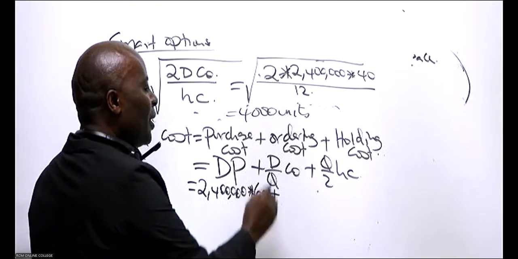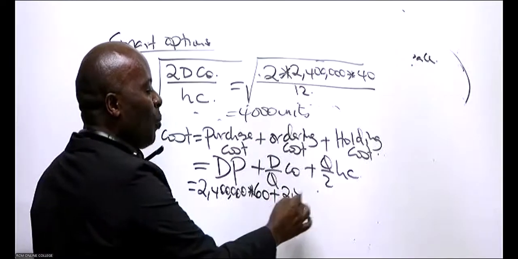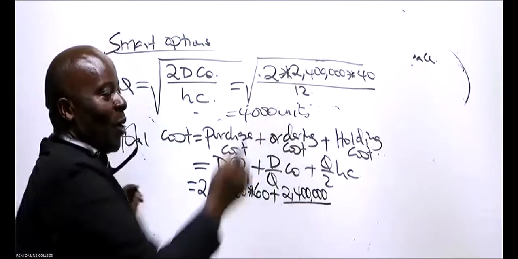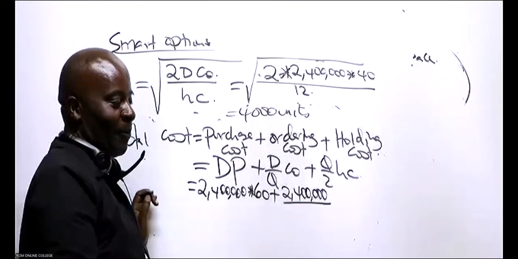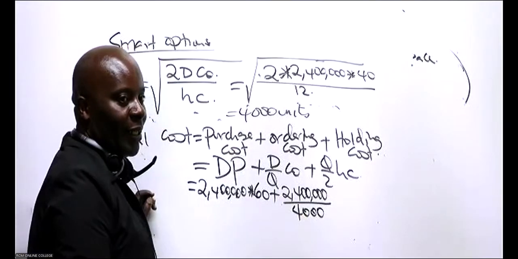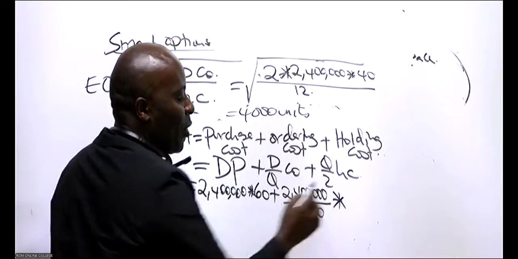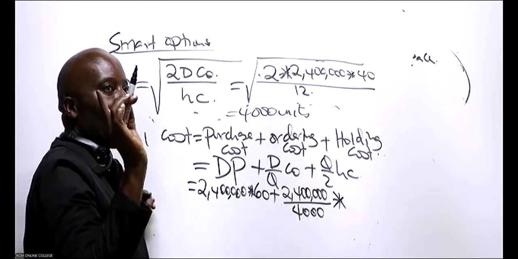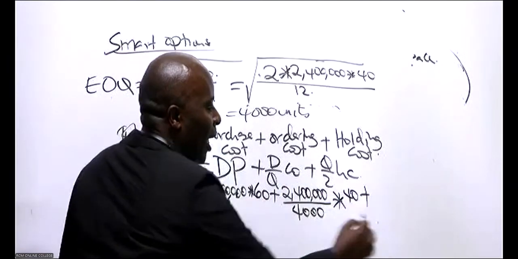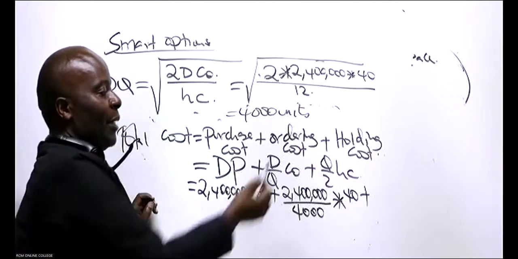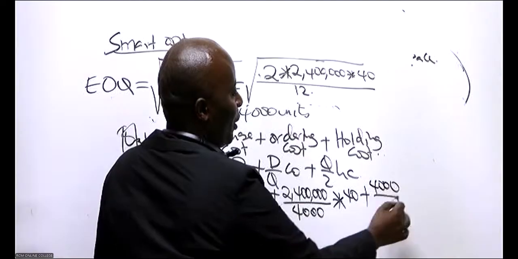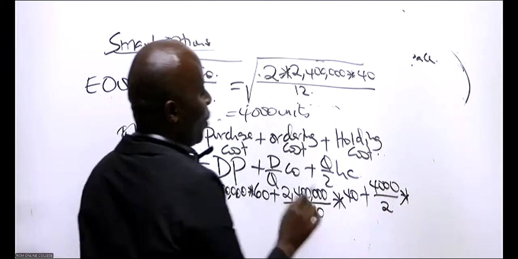This is the same annual demand, which is 2.4 million, divided by Q, of course, what we are going to acquire, the EOQ, which you guys have given me as 4,000. Multiply this by cost per order, which is 40. Plus Q over 2, the same quantity, 4,000 over 2, times the holding cost.